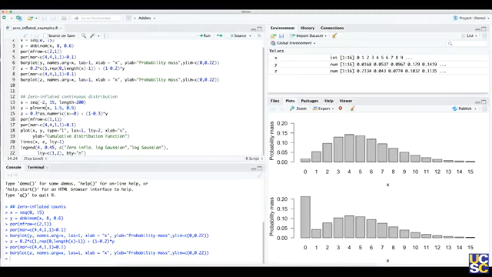So if you remember, the log-normal distribution is the distribution of a number whose logarithm follows a normal distribution with, in this case, mean 1.5 and standard deviation 0.5. So this is our reference or baseline for comparison.